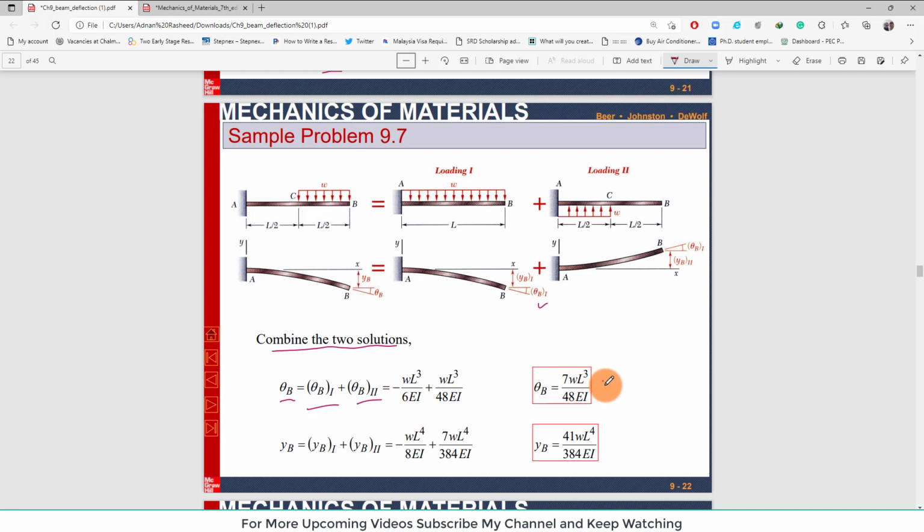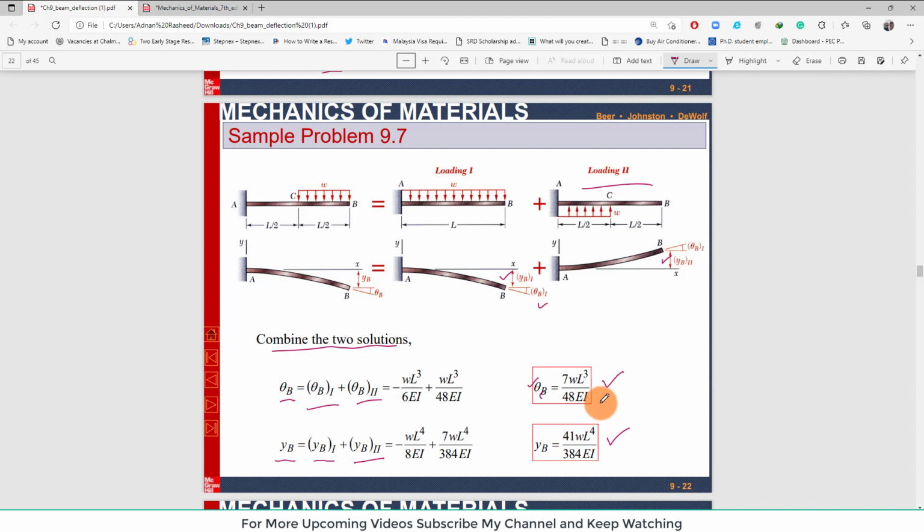So when you add them, you will get the equation of the total slope, theta is slope, at point B. Similarly, the deflection at point B is equal to the deflection at point B due to loading 1, this one, clear, and the deflection at point B due to loading 2, which is this. So you have this value and this value, you can also add them, and you will get the deflection at point B.